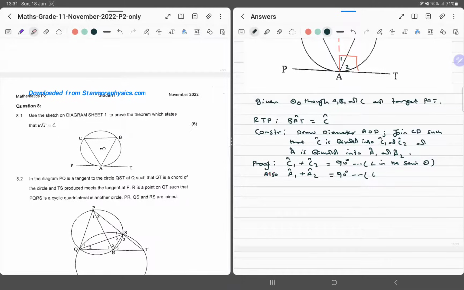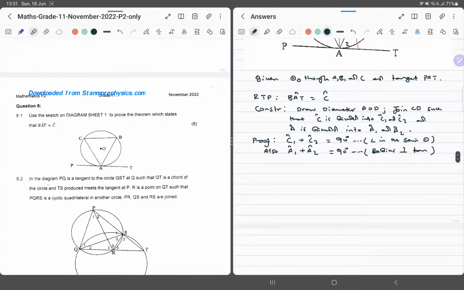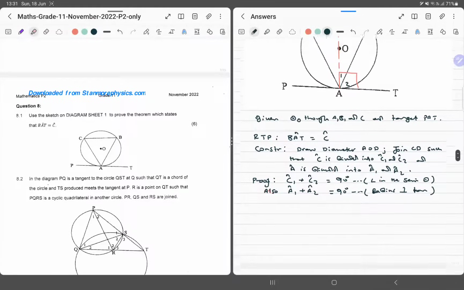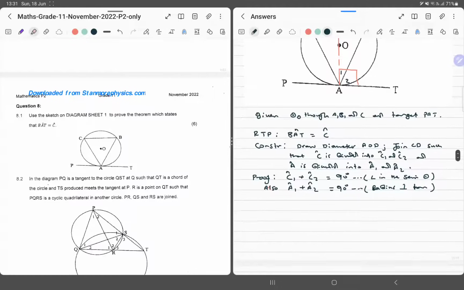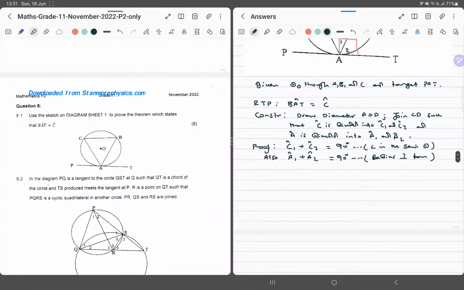That's the radius perpendicular to tangent, because we know that there's a tangent there. How very nice. Now we've got a story to tell. But hold on.